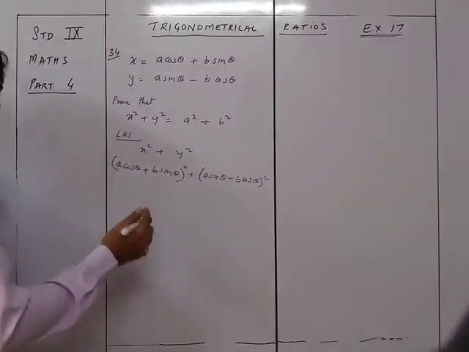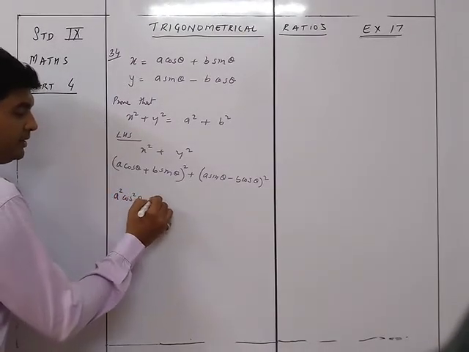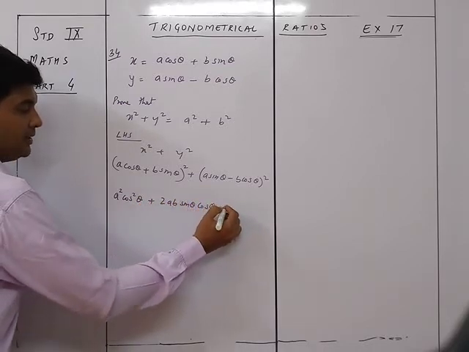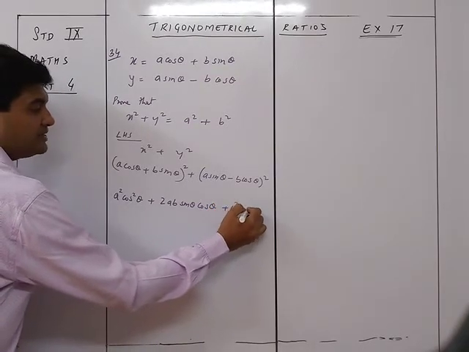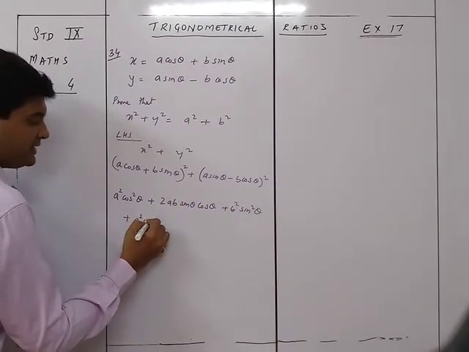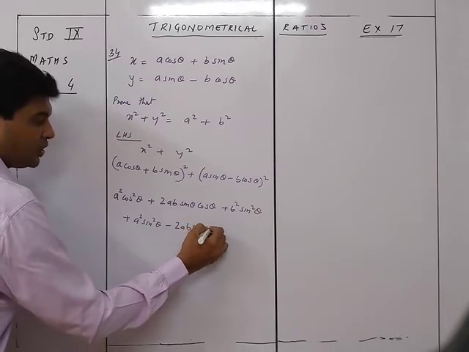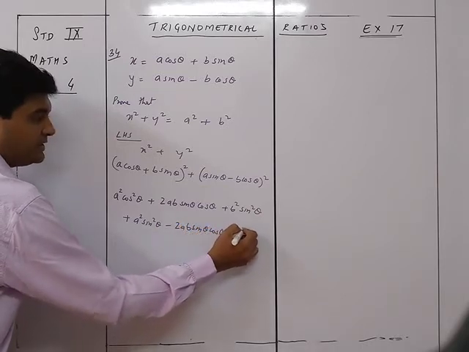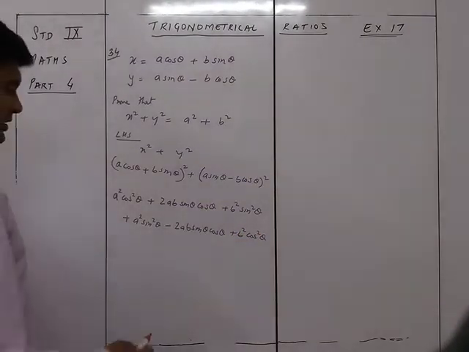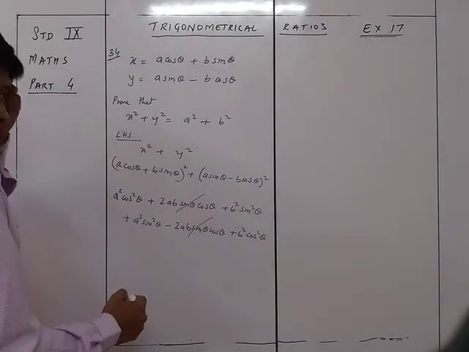So it is a square cos square theta plus 2ab sin theta cos theta plus b square sin square theta, plus a square sin square theta minus 2ab sin theta cos theta plus b square cos square theta. You can see these two are the same, so this and this get cancelled.